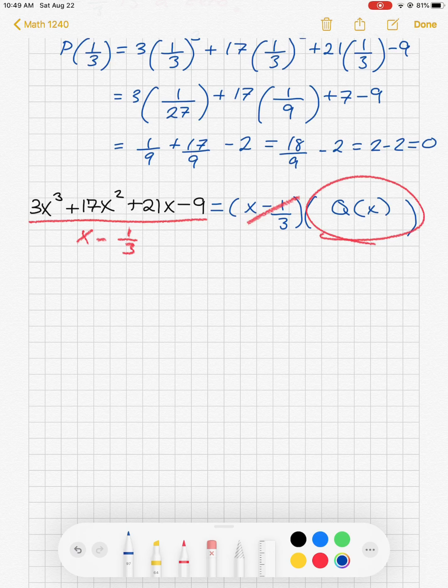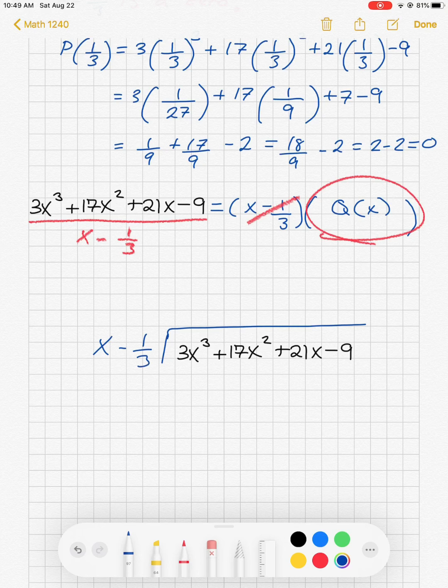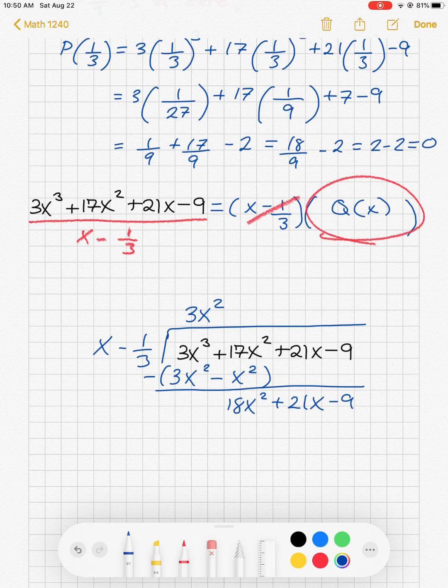Okay, so let me take that numerator. So that's what, 3x squared? Subtract. Bring everything down. Repeat.